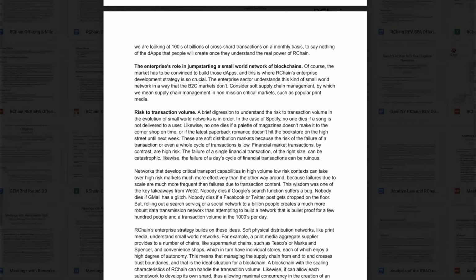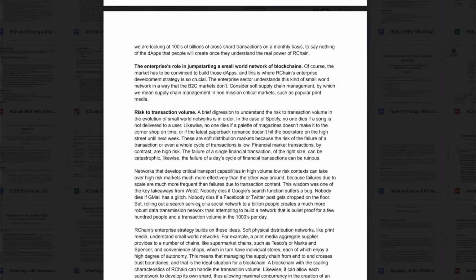So that's high risk and relatively low transaction volumes. By comparison, there are billions of Facebook posts every day, right? And nobody is going to die if a Facebook post or a Twitter post drops on the floor.